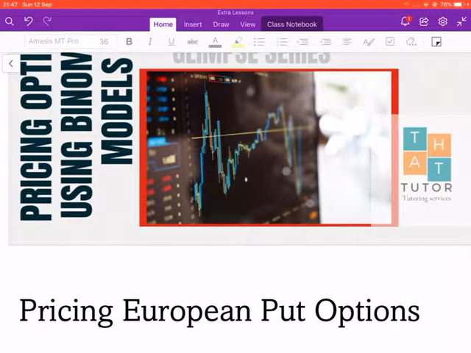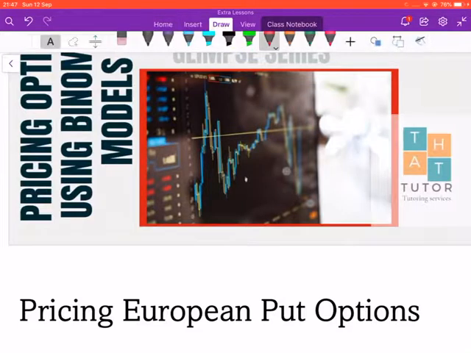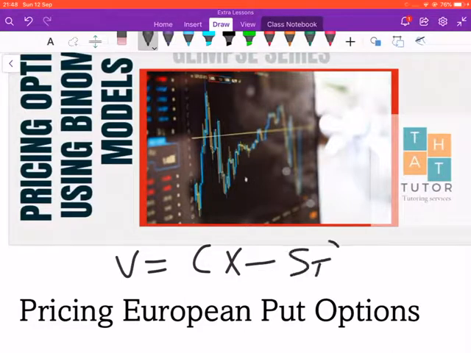Remember that a European put option gives the holder of the contract the right but not the obligation to sell the asset. We previously said that the payout of this option is going to be X. You receive the money at strike price X, and you give away the asset, and you'll only exercise when you know you're going to get positive returns.